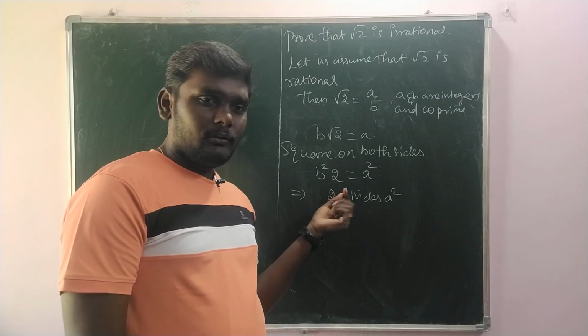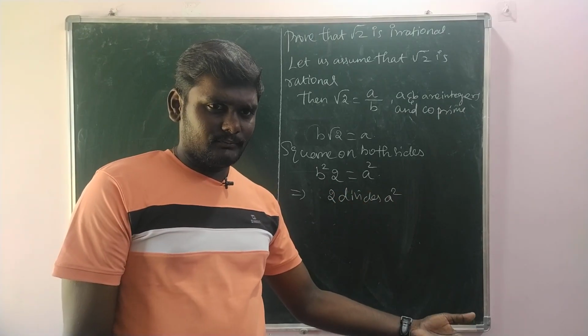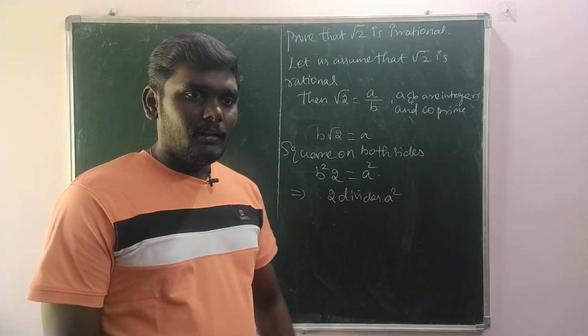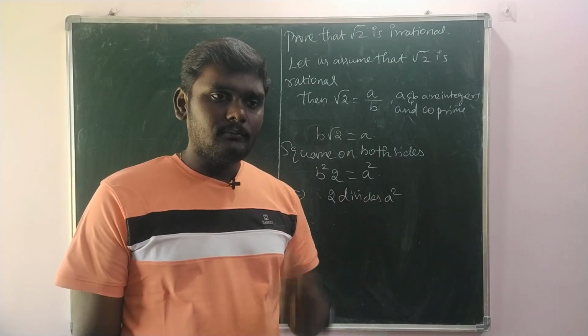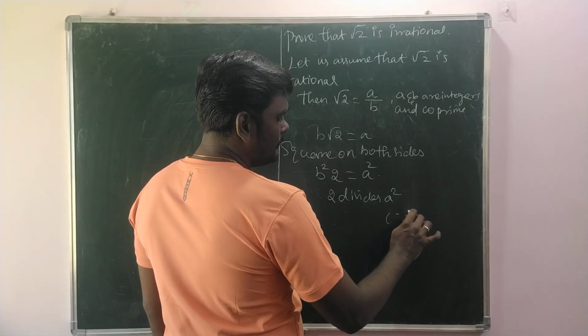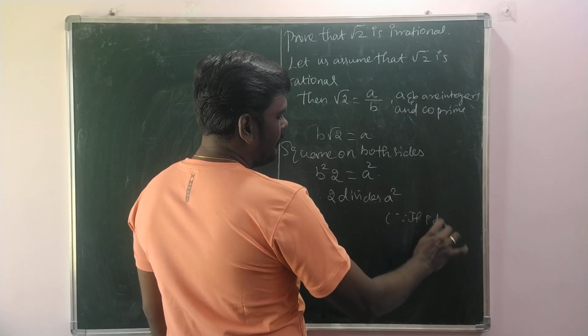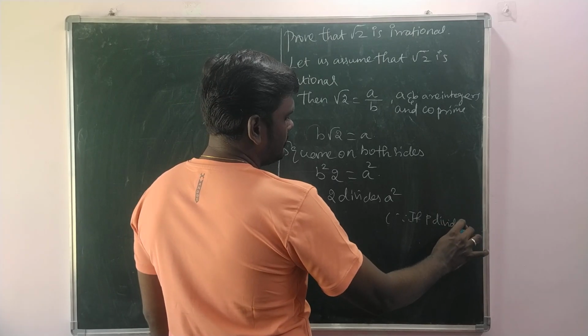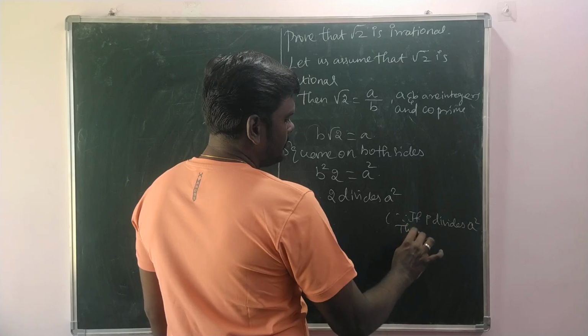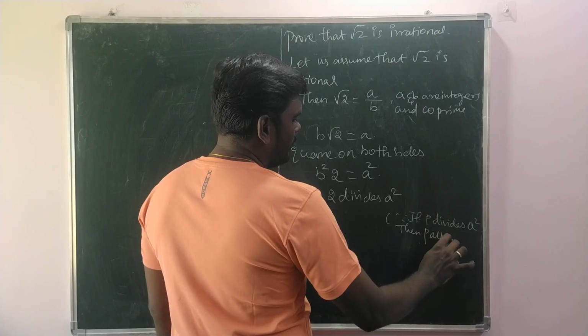If it is a multiple of 2, it can be divisible by 2 also. So 2 divides a square. Also there is a theorem in our book that by the theorem, if p divides a square, then p also divides a.